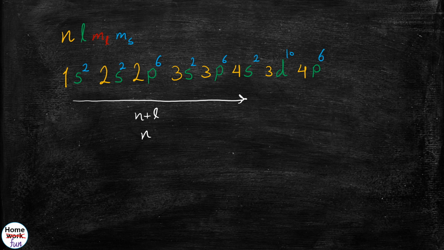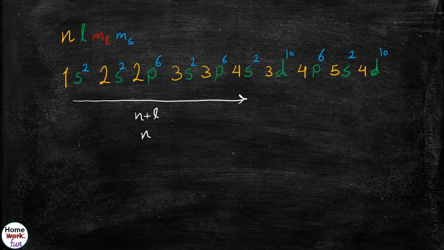And again, before you go to 4d10, you have 5s2, and then 4d10, because if you calculate n plus L, it's lower for 5s and it's higher for 4d. That's why 4d comes next.